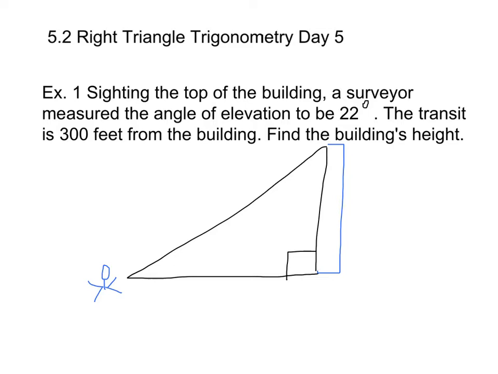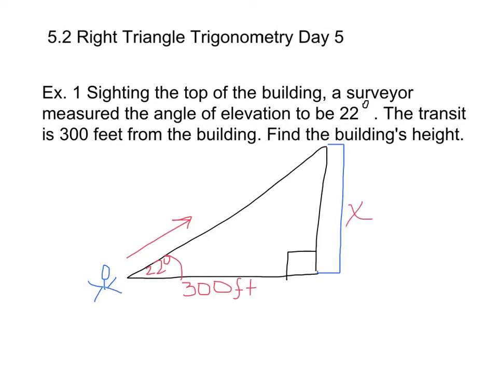They said the angle of elevation, so to elevate means you're looking up. So that would be this angle, which is 22 degrees. And the transit is 300 feet from the building. So this is 300 feet. And they want us to find the building's height.